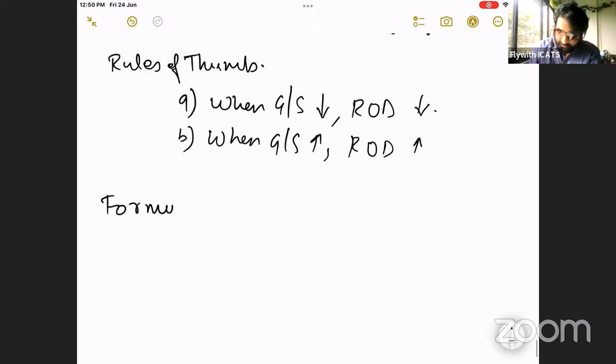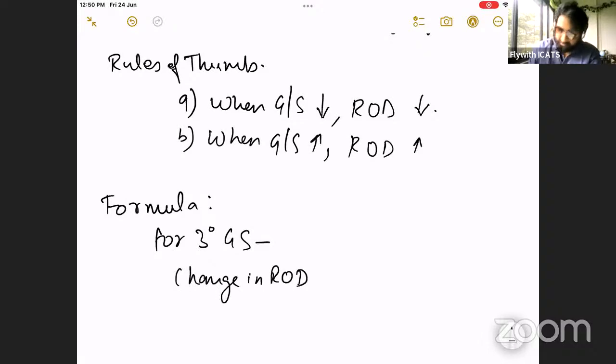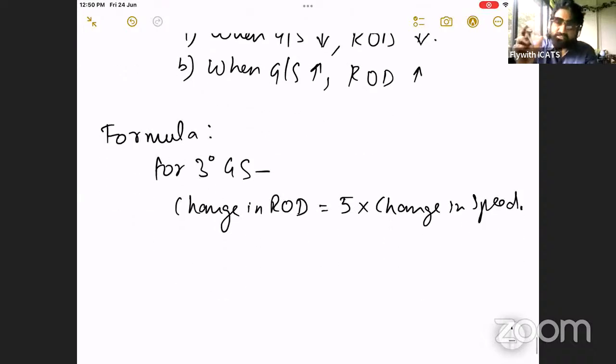Formula to use for a 3-degree glide slope: change in ROD is equal to pi into change in speed. If you can determine the change in speed, which you will know from the question, you can use it to find change in ROD.